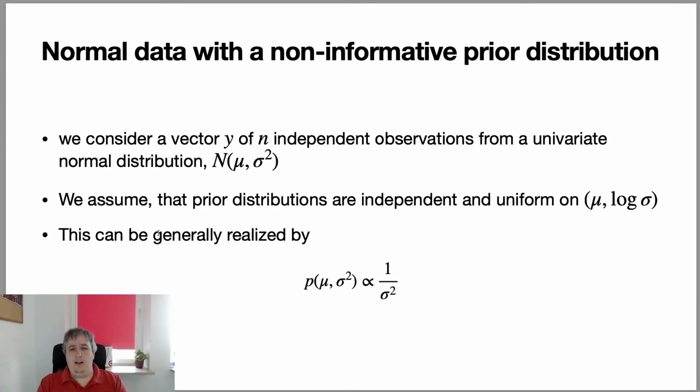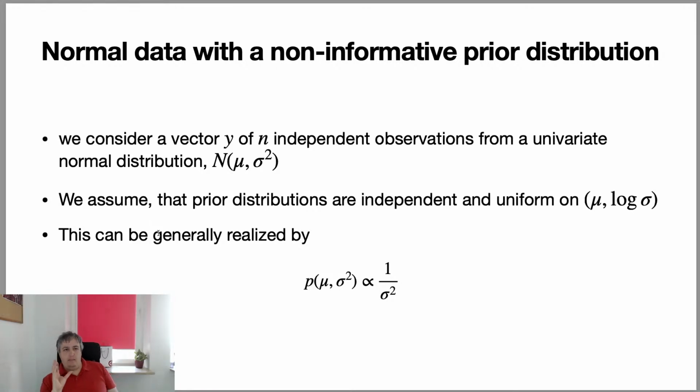But let's focus on something simple, like normal data with a non-informative distribution. So another option of priors that we've mentioned before, but here we have an example. A non-informative prior is a prior that introduces no information into the model. So we do not want to add any kind of regularization or some kind of meaningful prior.